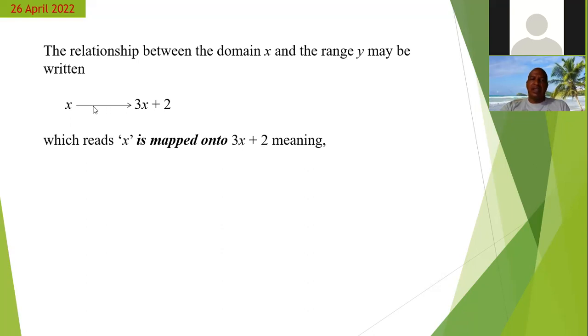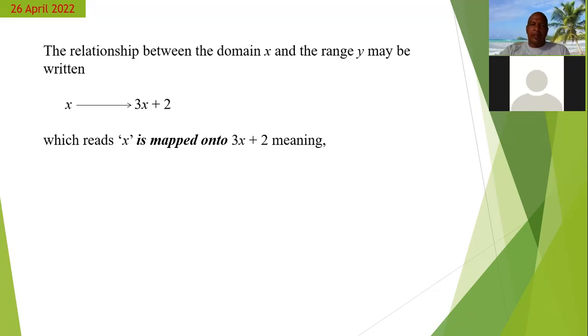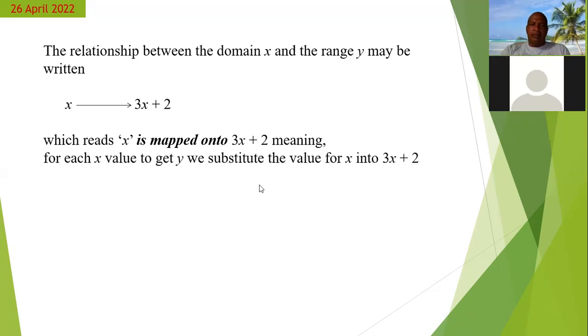So you can say that the arrow means is mapped onto. So once you see the arrow, you can read it as is mapped onto. All right, Mr. Lamar, you want to say something? Or you can lower your hand. All right. So you will come across us writing relations in this form.